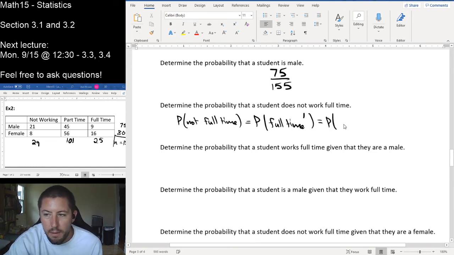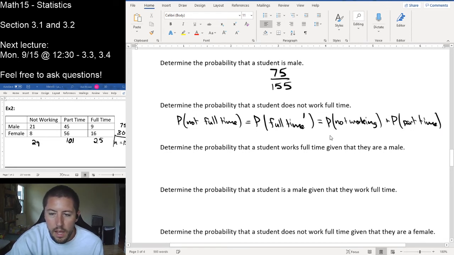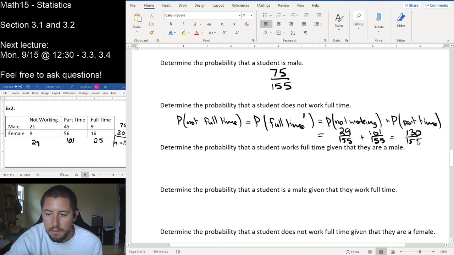So this should be the probability that we are not working plus the probability that we are part time. And it looks to me like this is going to be 29 out of 155 plus 101 out of 155. And that should be giving us 130 out of 155.